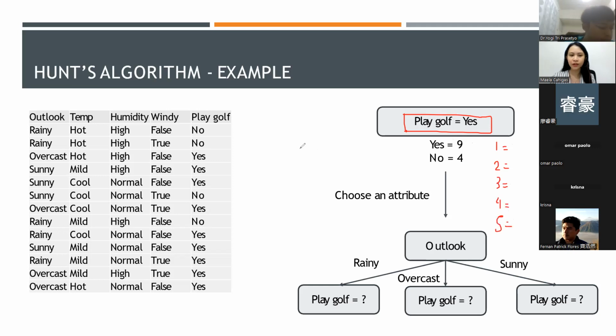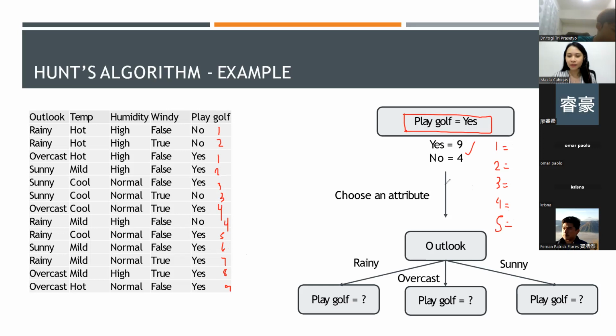For yes, we have 1, 2, 3, 4, 5, 6, 7, 8, and 9. And for no, we have 1, 2, 3, and 4. That's how we calculated this yes and no. And remember again, this is for play golf for the topmost part.